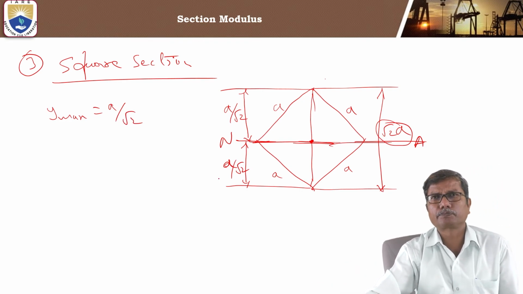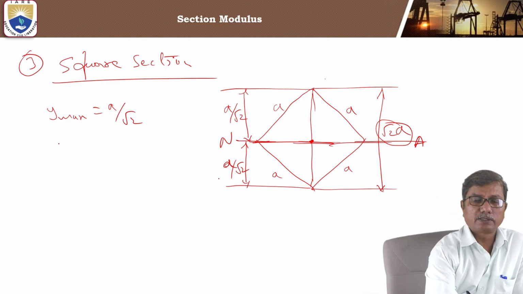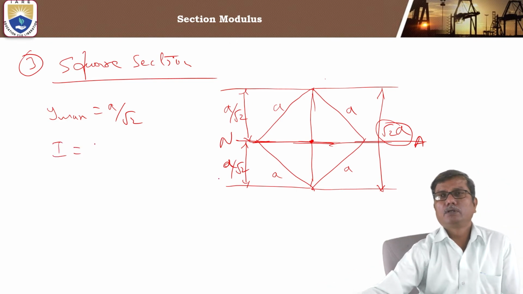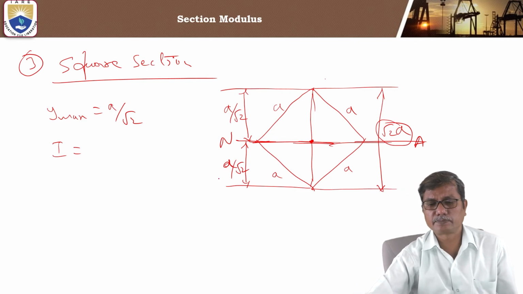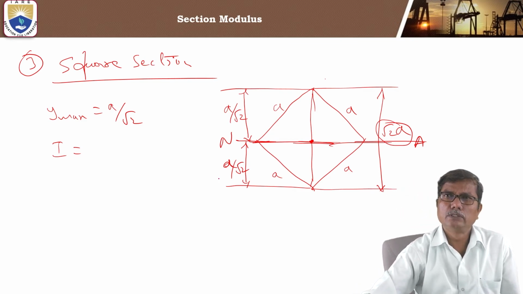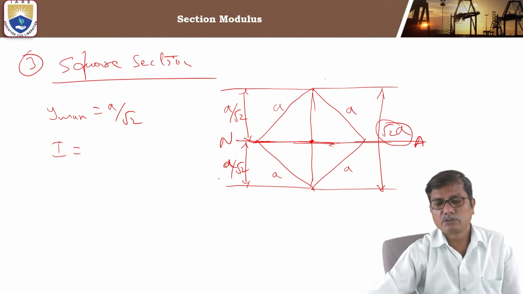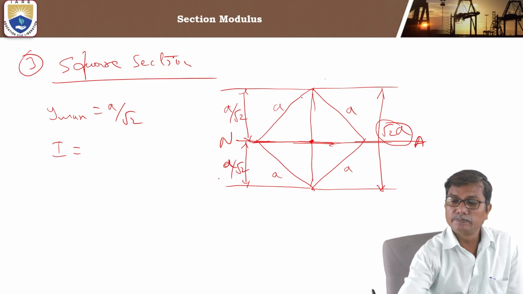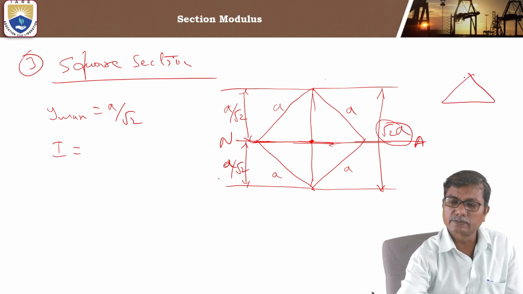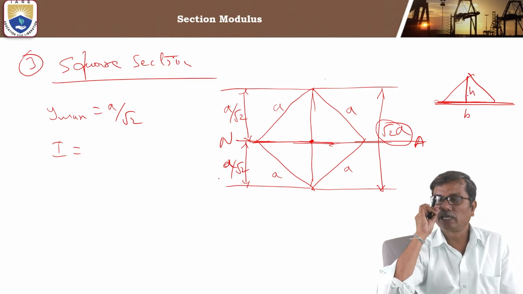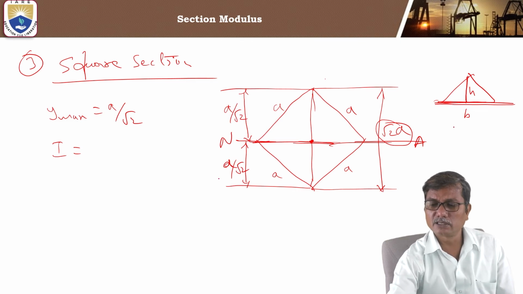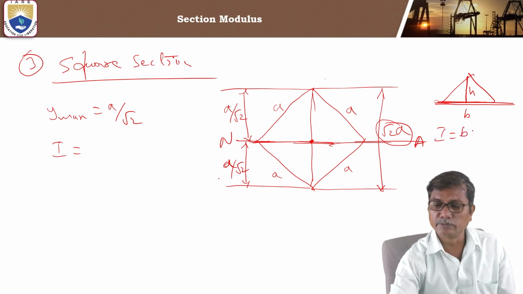Is this clear? And how about the moment of inertia of this? If you know the moment of inertia of a triangle about the base, with base b and height h, then about the base it is b h cube by 12.